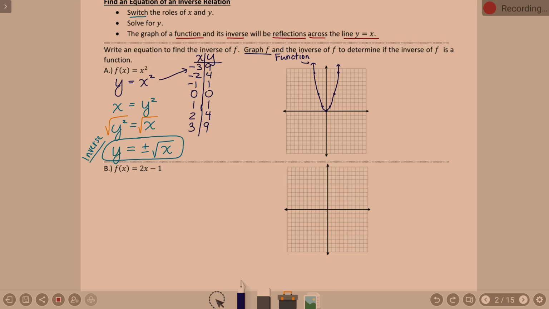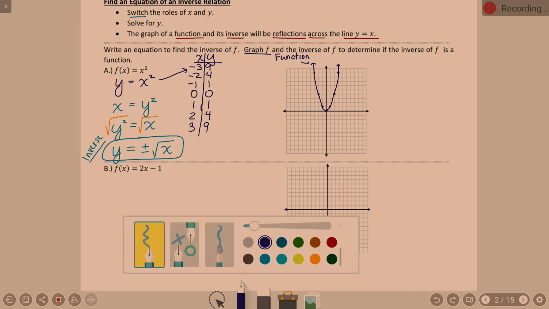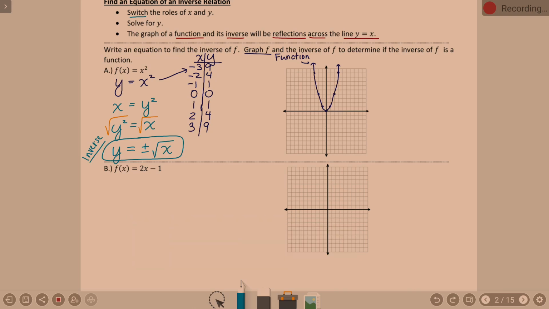Now, inverse. If we set up an XY chart for the inverse.